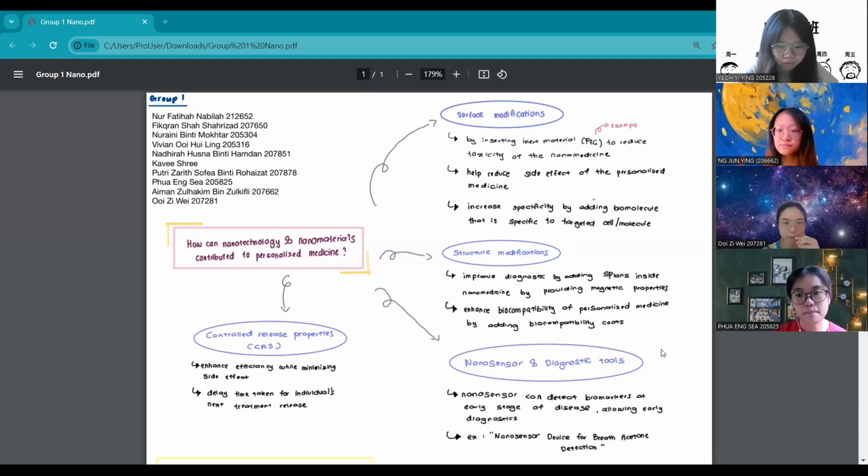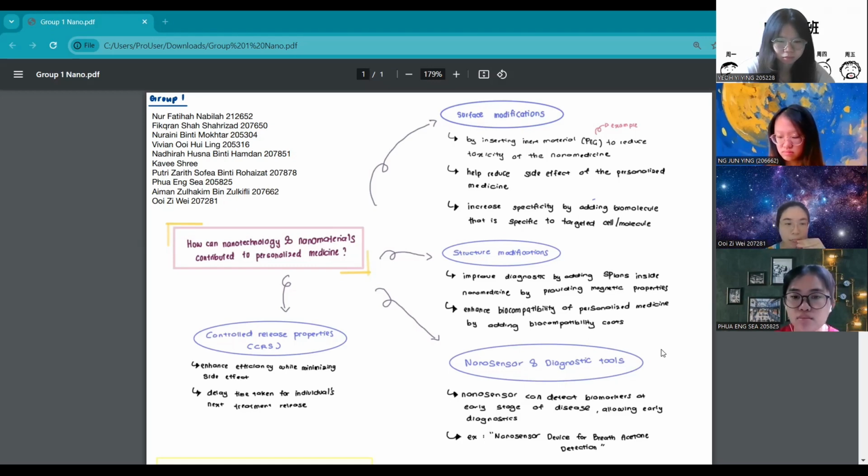So firstly is due to the surface modification property. This is done by inserting inert materials such as PEG to reduce the toxicity of the nanomedicine. Next, it also helps to reduce the side effects of personalized medicines. And lastly, it also increases the specificity by adding biomolecules that are specific to the target cells or molecules.